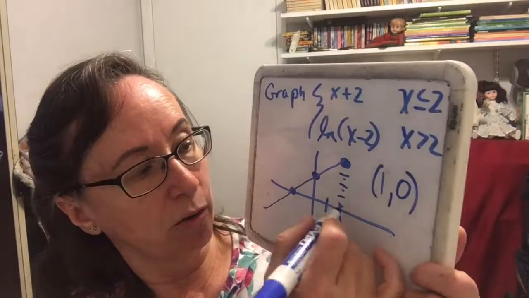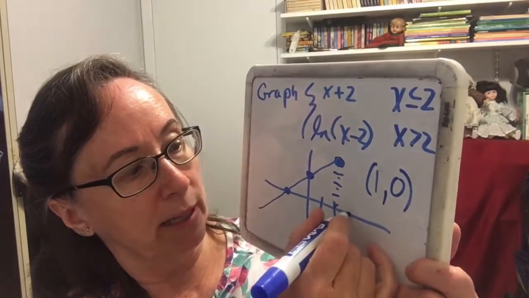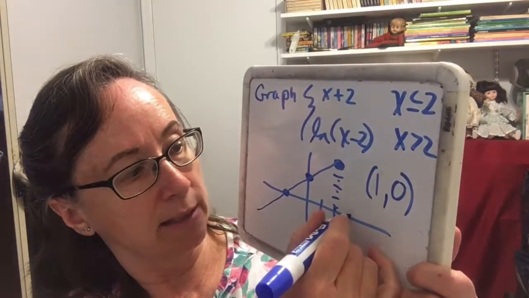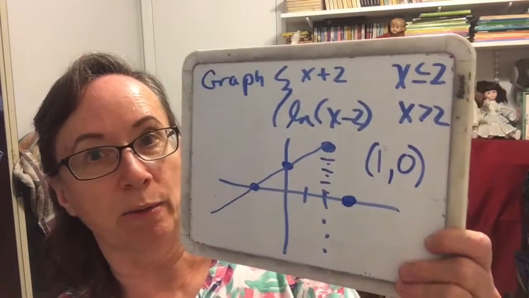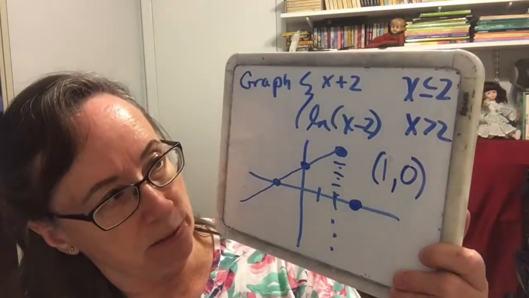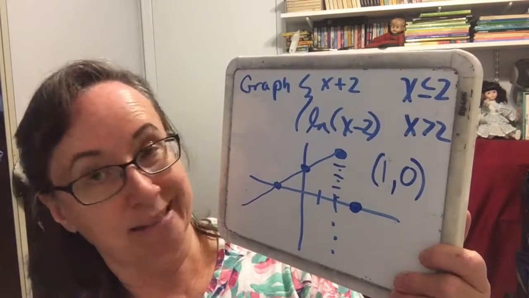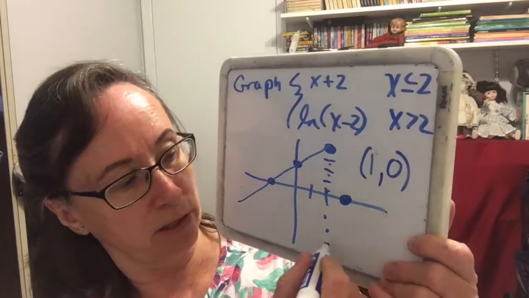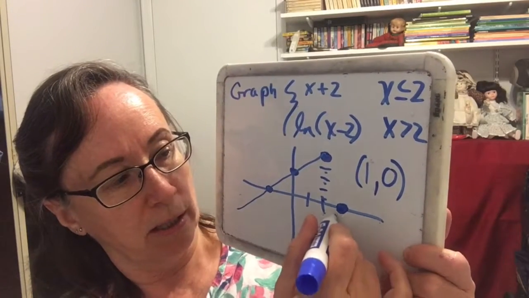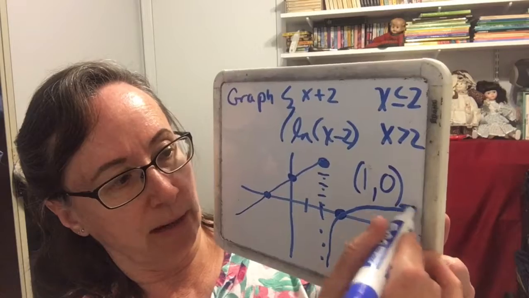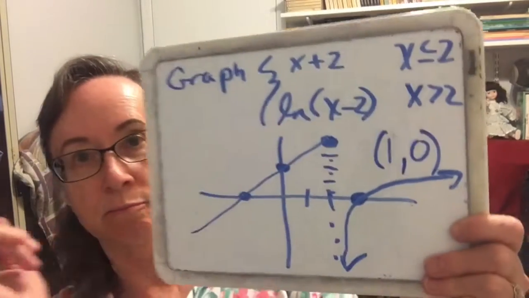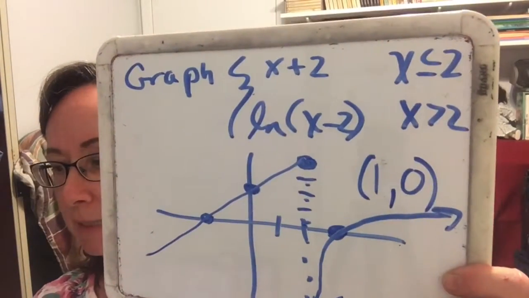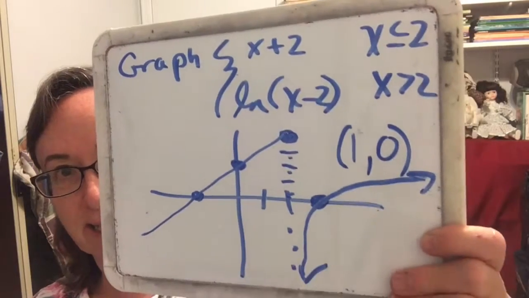So when we plug in a 3, we get out a 0. So there's our anchor point, but it's been moved 2 places to the right. And since the rest of it is just a log function, shouldn't it approach this one and then go off in that direction? Pretty much like that. And that's what it should look like.